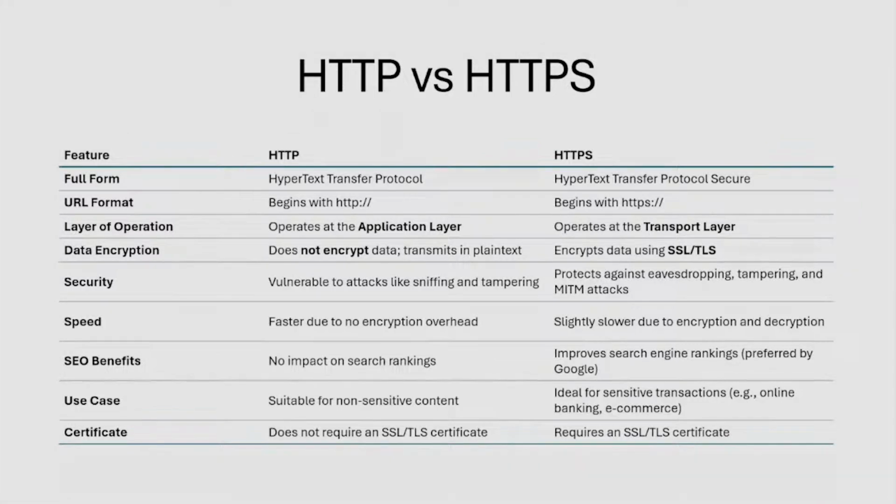The problem is security: HTTP is vulnerable to attacks like sniffing and tampering, but HTTPS protects against eavesdropping, tampering, and man-in-the-middle attacks. The disadvantage of HTTPS is that it is slightly slower than HTTP, because of the overhead of encryption and decryption.